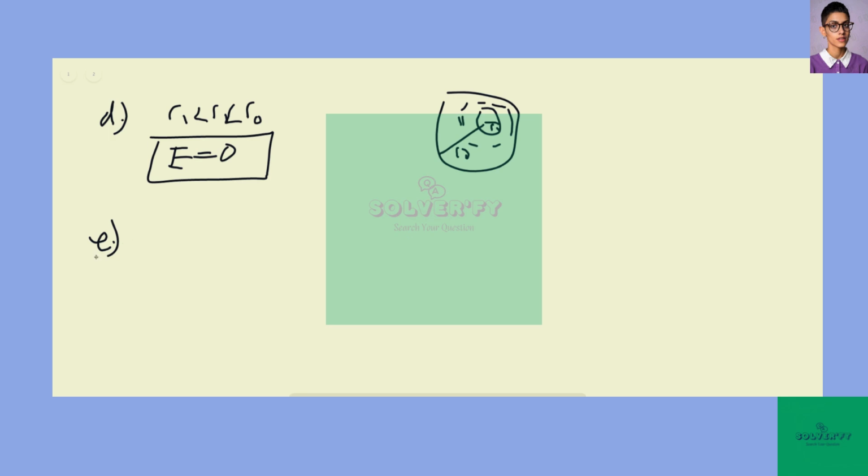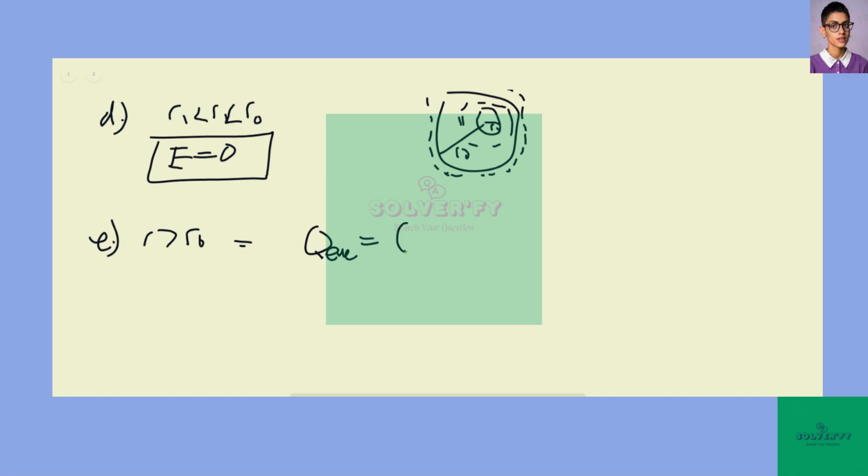Lastly, we go to part E, for r greater than R naught. We can now put a Gaussian surface just outside of R naught. How much charge does this enclose?